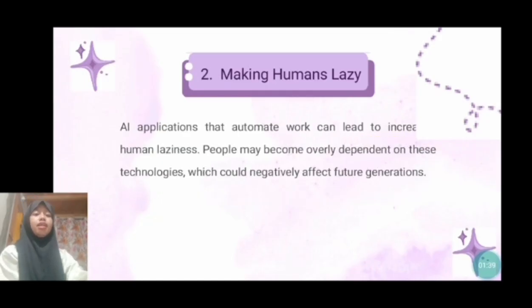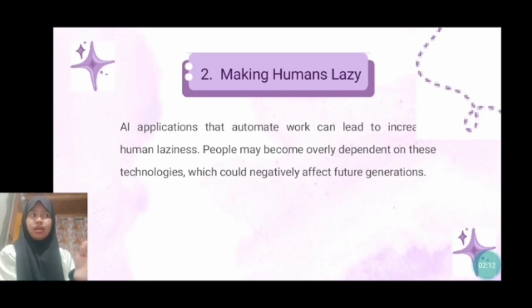The second disadvantage of AI is making humans lazy. This is self-explanatory. Try to imagine a world where everything, even simple house chores, can be done by a robot. The purpose of AI is making our work easy and faster.